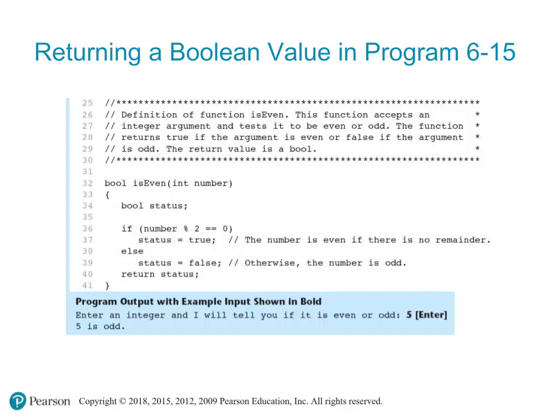If the number is even, for example, number modulus 2 equals 0, then status is set to true. Otherwise, status is set to false. So the function returns the value stored in status, which will be either true or false.